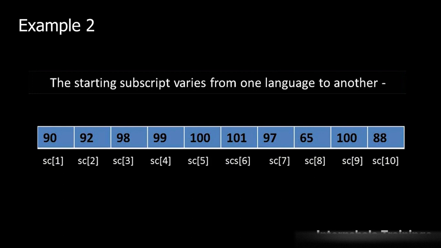Here, as you can see, the first element is SC1. So this pertains to the score of the first student. SC2 pertains to the score of the second student, SC3. So the total number of elements is 10. And because the first element had the subscript 1, the subscript of the last element was 10.